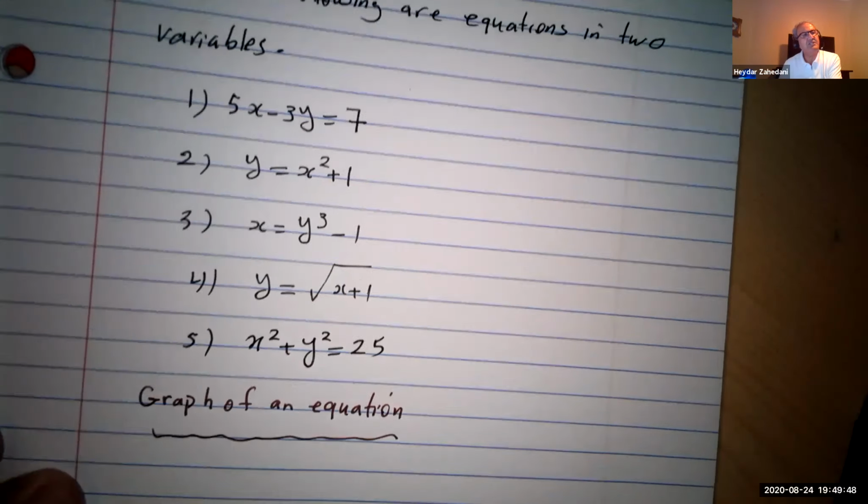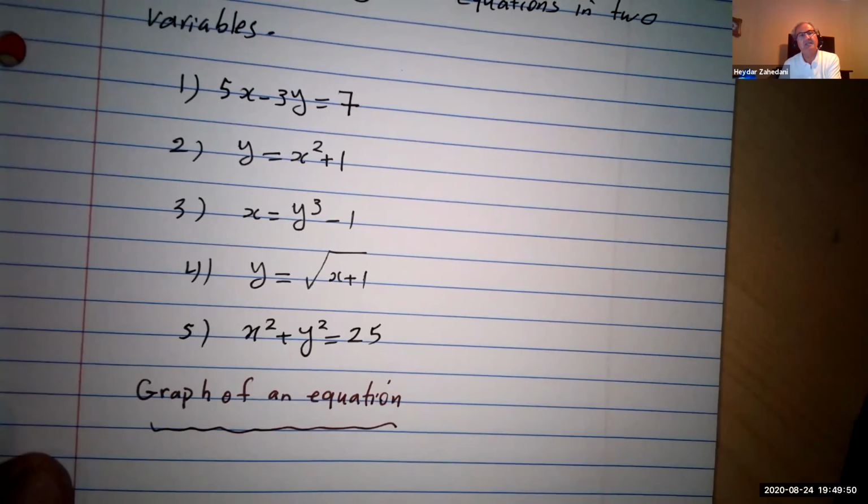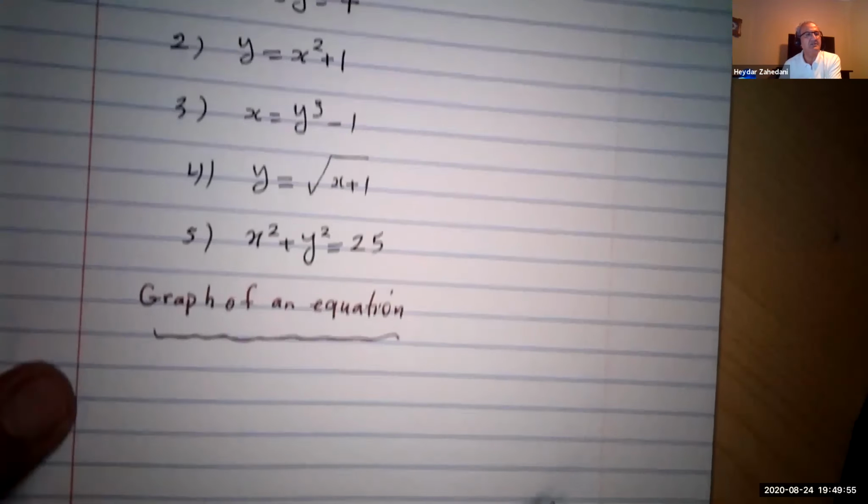The graph of an equation is a collection of points that satisfy the equation.